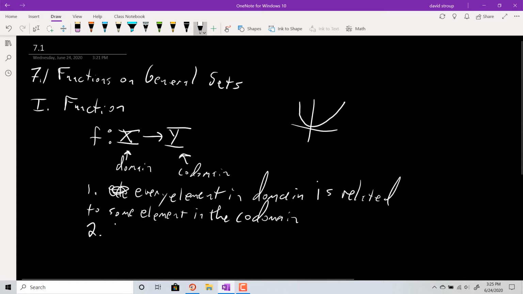Okay, so we'll say no element in the domain is related to more than one element in the codomain.